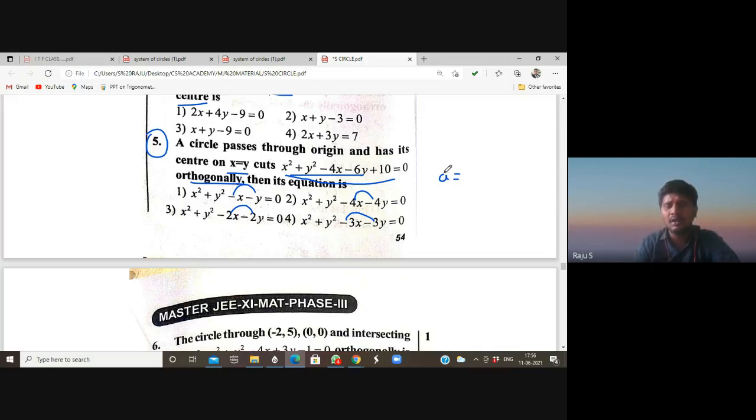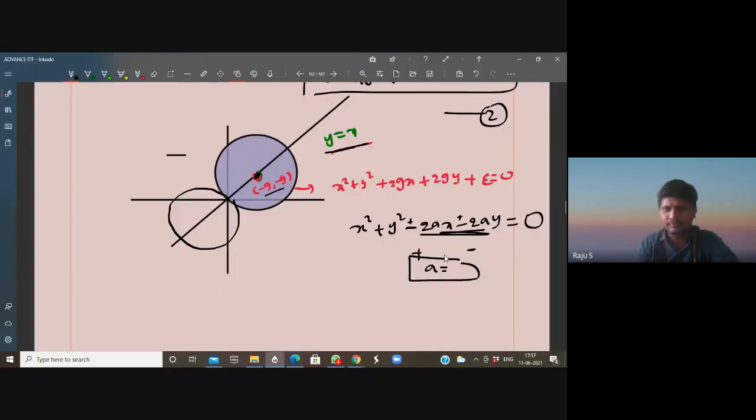No need to take d square equals r1 square plus r2 square, no need to find anything. Use c1 plus c2 is equal to 2 times g1 g2 plus f1 f2. The center of this circle you can take as g1, f1, and the center of this circle is g2, f2.